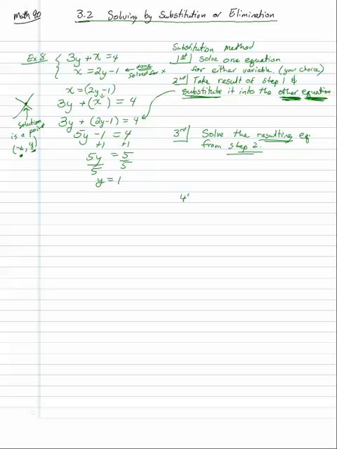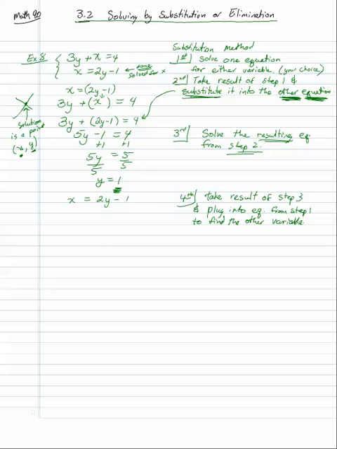So now we're going to take the result of step 3, which is y equals 1, and plug it into the equation that we got from step 1, which was done for us.